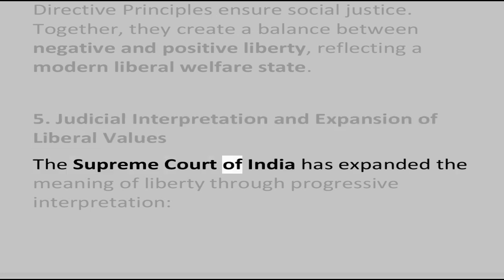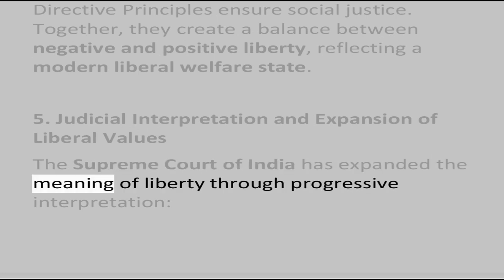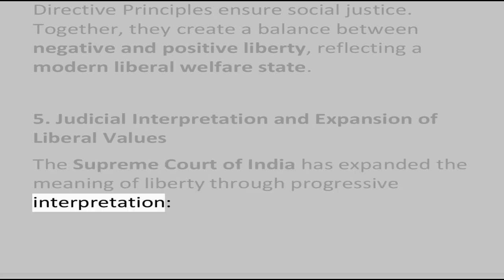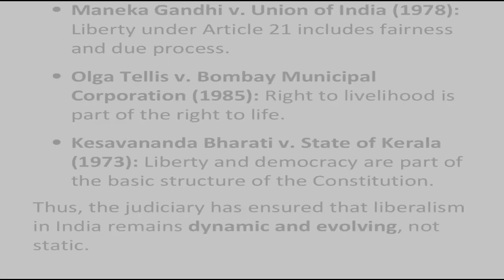The Supreme Court of India has expanded the meaning of liberty through progressive interpretation. Maneka Gandhi v. Union of India, 1978. Liberty under Article 21 includes fairness and due process. Olga Tellis v. Bombay Municipal Corporation, 1985.